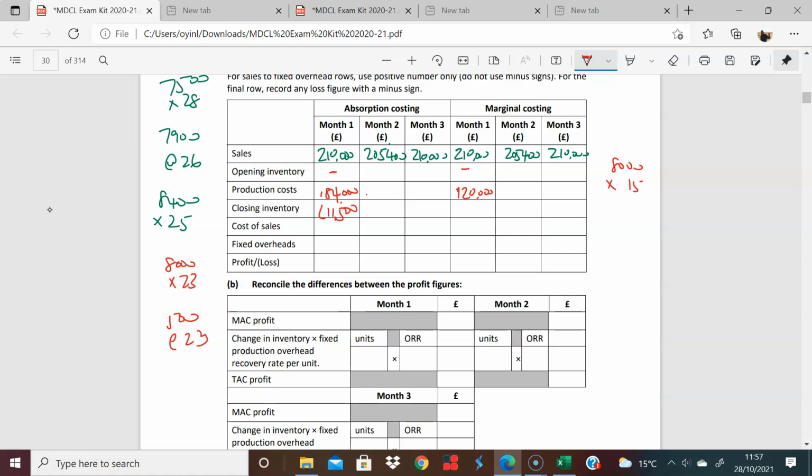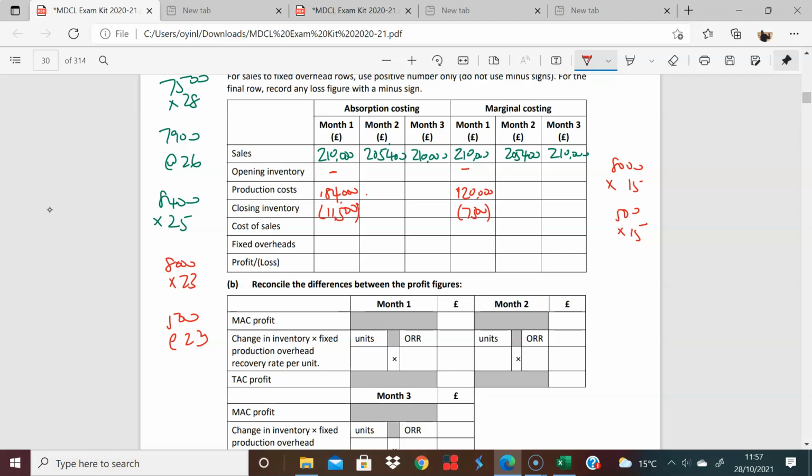That's what your closing inventory would look like. Here you would have the 500 times 15, which gives you 7,500. So hopefully you can see where my figures are coming from.